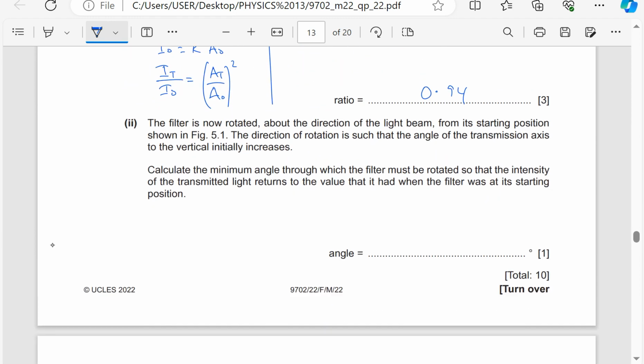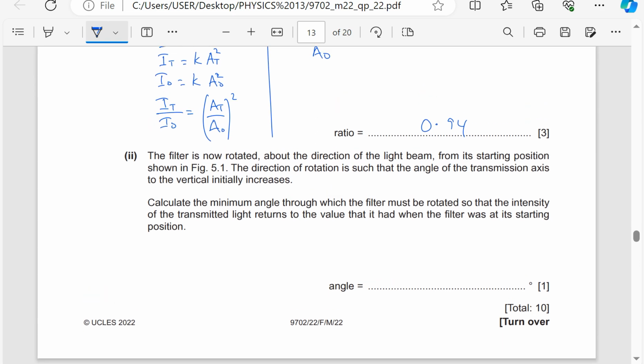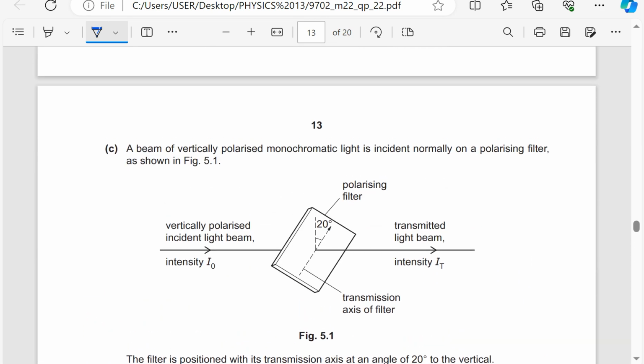The filter is now rotated about the direction of the light beam from its starting position shown in the figure. The direction of rotation is such that the angle of the transmission axis to the vertical initially increases. Let's check. So if this angle increases, by the time the intensity goes to 0, it must have gone through 70 degrees.